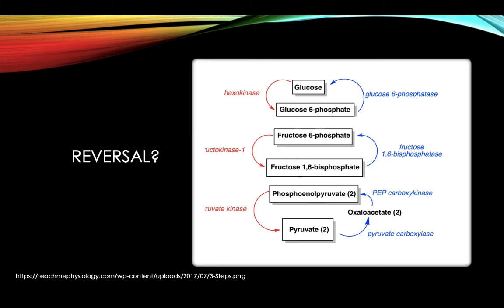So a little quiz time for yourself. And again, this image is yet another way to appreciate the pathway of glycolysis. I just noticed there are some parts cut off here, so you can see this is pyruvate kinase and fructokinase 1 we've got right here, so sorry about that.